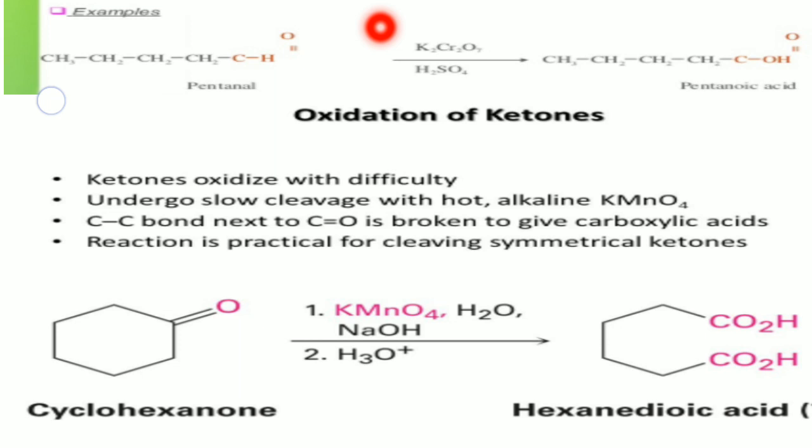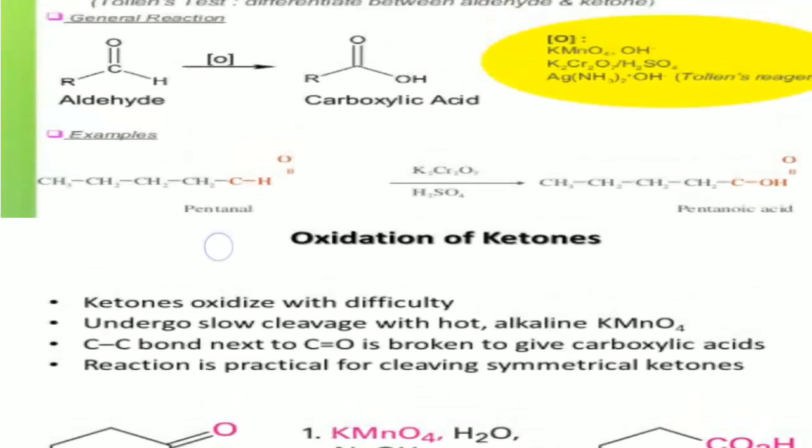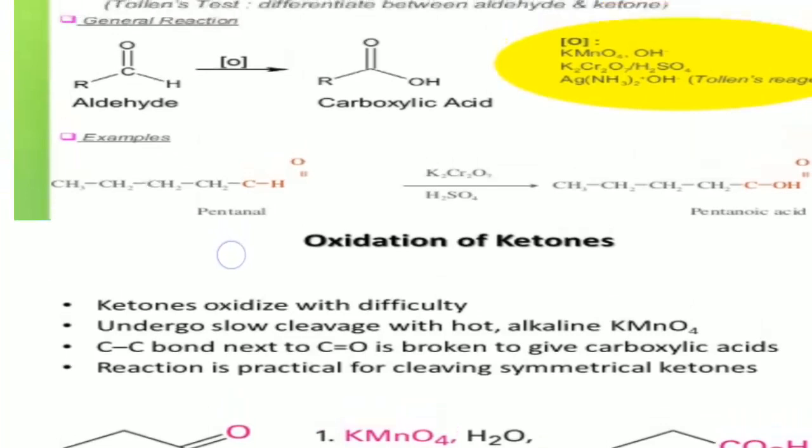In this particular reaction, cleavage of the C=O carbon and the adjacent carbon bond will be broken. Whereas in the previous reaction there is no breaking of bond. The carbon bond is not broken in case of aldehydes.